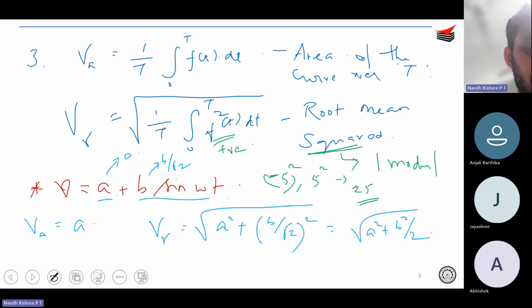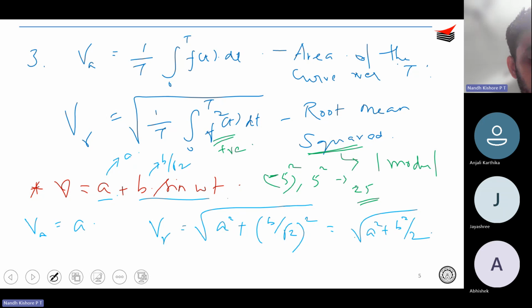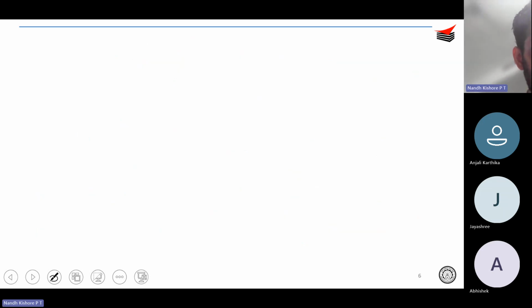Okay. So what do these RMS and average values indicate? Basically, RMS, or the root mean square, is used in problems if, let's say, they ask something like what is the heat generated or heat dissipated.